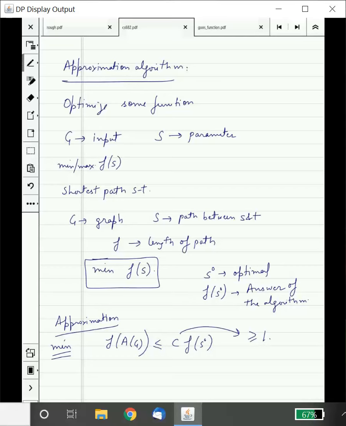For the max case, the algorithm should output something which is bigger than some constant times the optimum. This time the constant would be less than or equal to 1. This is the guarantee. So instead of answering the exact value, we are fine even if it is slightly bigger or slightly smaller than the actual value.